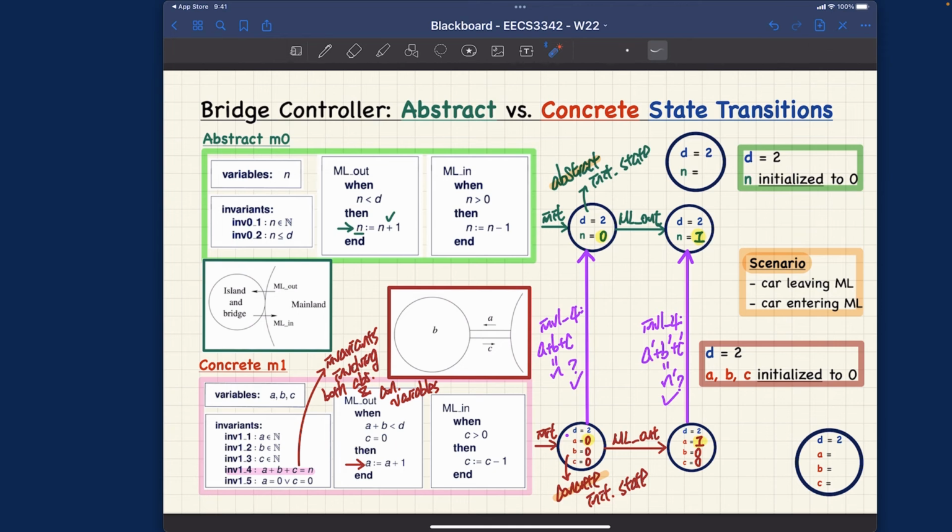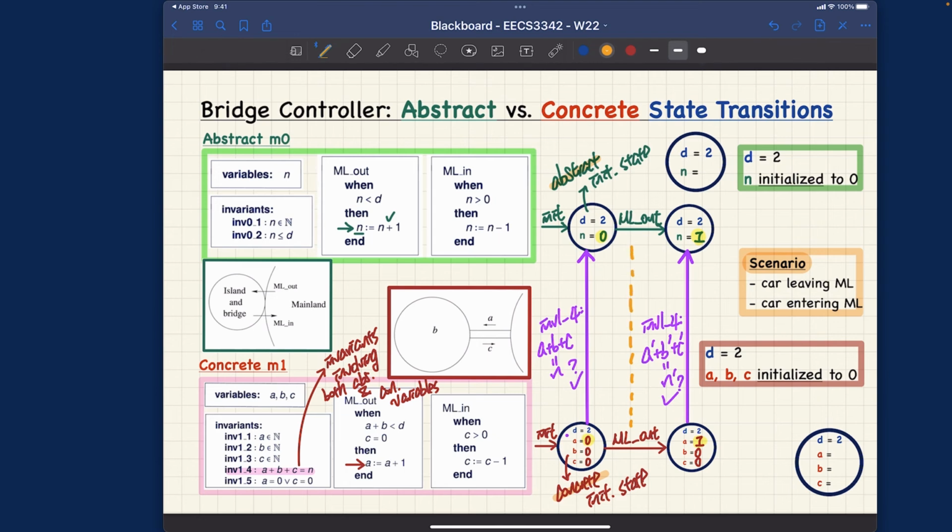Okay, and let me mention one more term that's also very important. In this case, we say that the concrete events over here are simulated by the abstract events over here. That's the final term I want to mention. So here you want to say ML out, the concrete event is actually simulated by the abstract event.